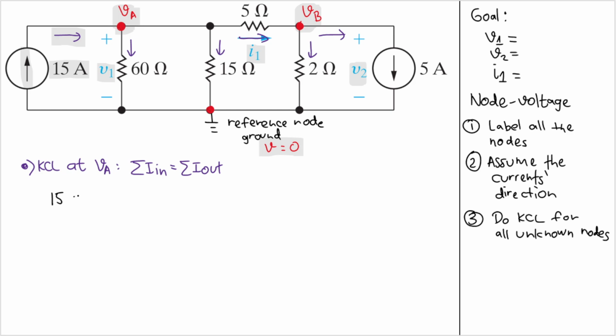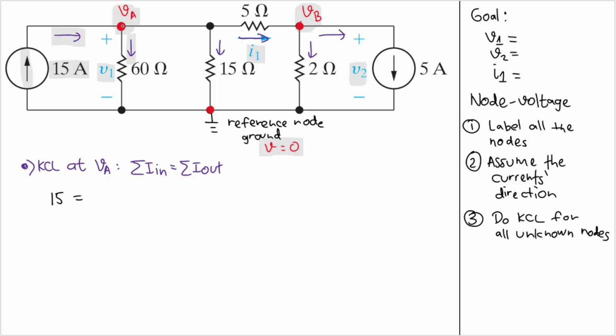Okay, now let's move on. We need to calculate the currents that go out. The first current that goes out is this one here, but we don't know this current yet, so we need to use Ohm's law. Remember Ohm's law, the voltage divided by the resistance. And how do we calculate the voltage? Let's see the current here.